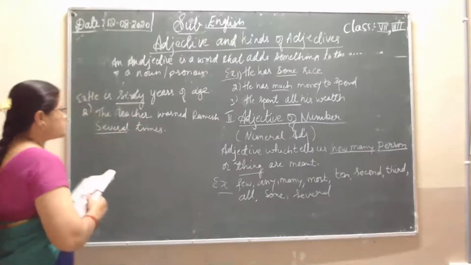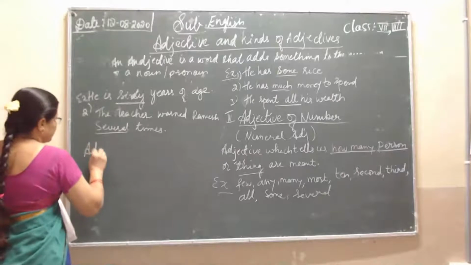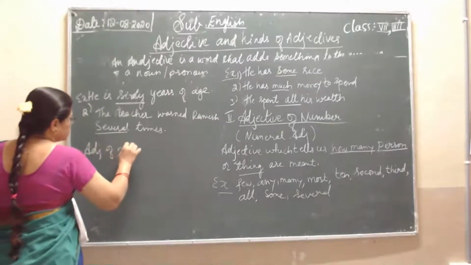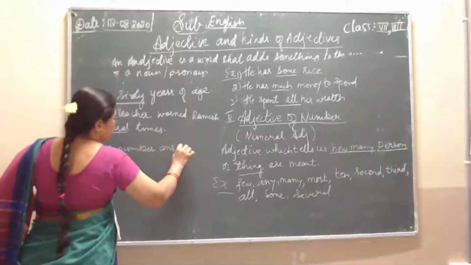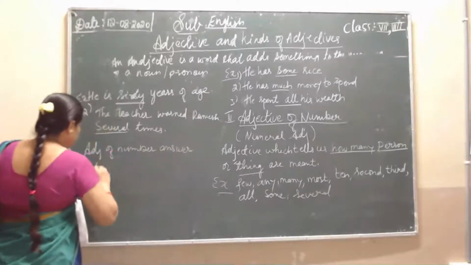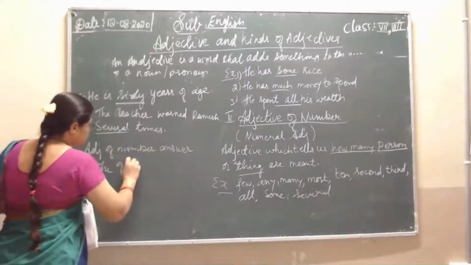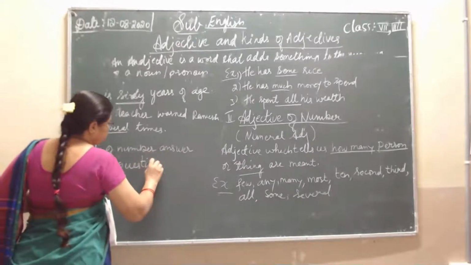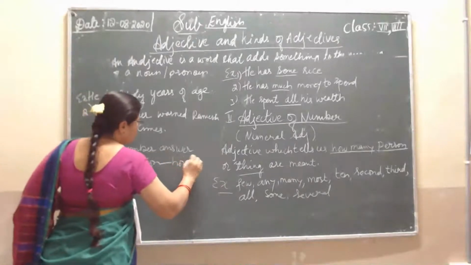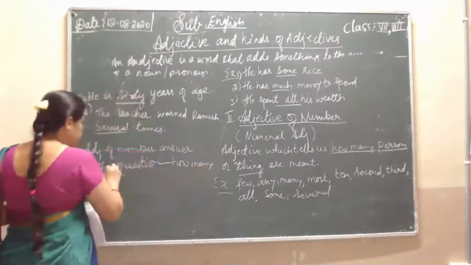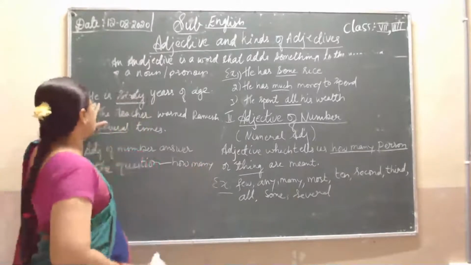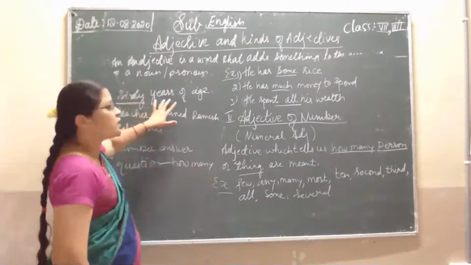So adjectives of number answer the question, that is how many. When you ask how many, it will give the answer: he is how many of age?